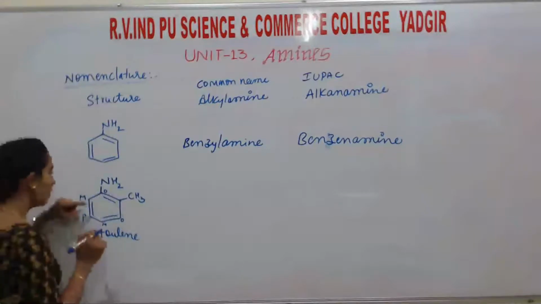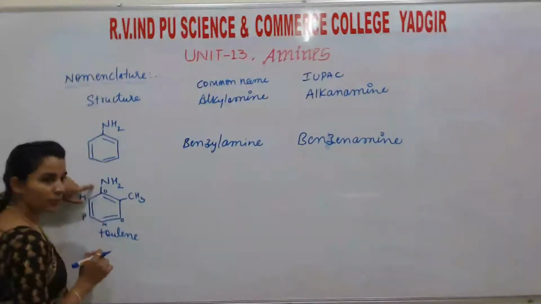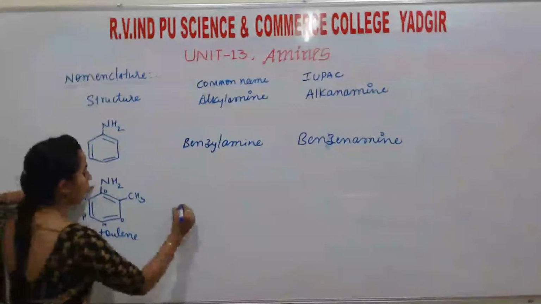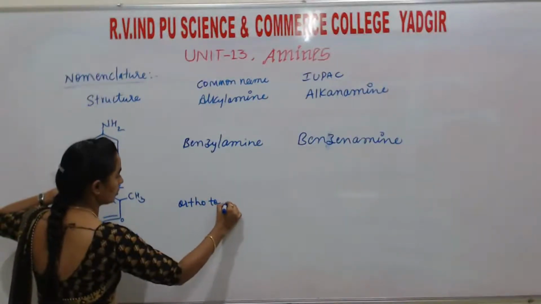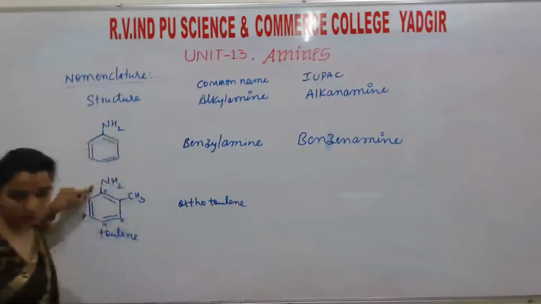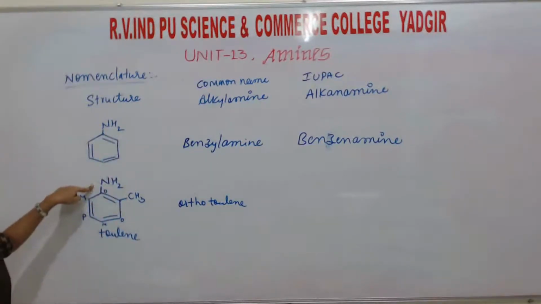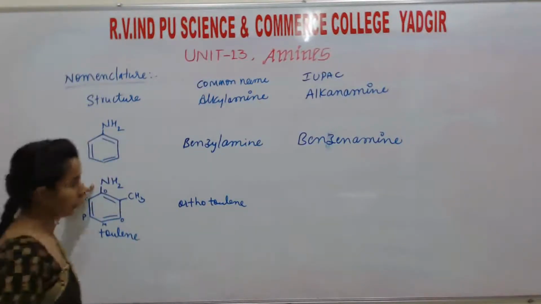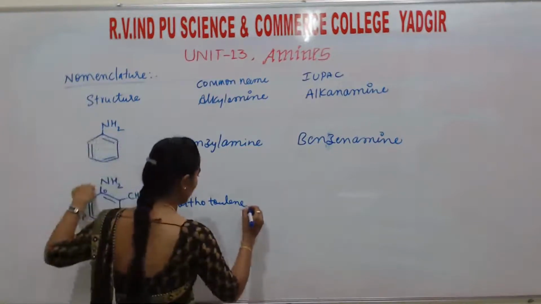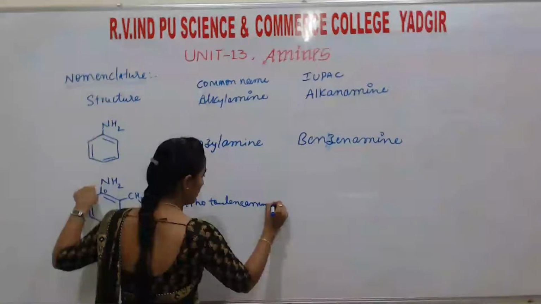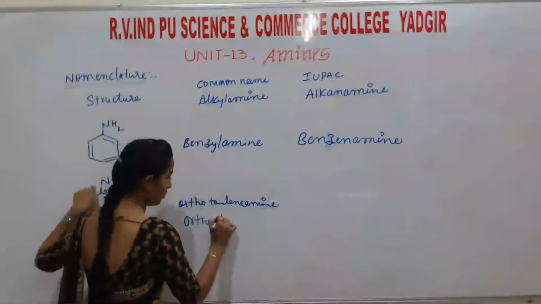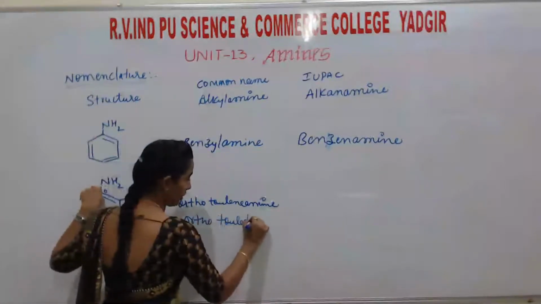Understand? So here, at which position is the NH2 group? Ortho. This is ortho toluidine.